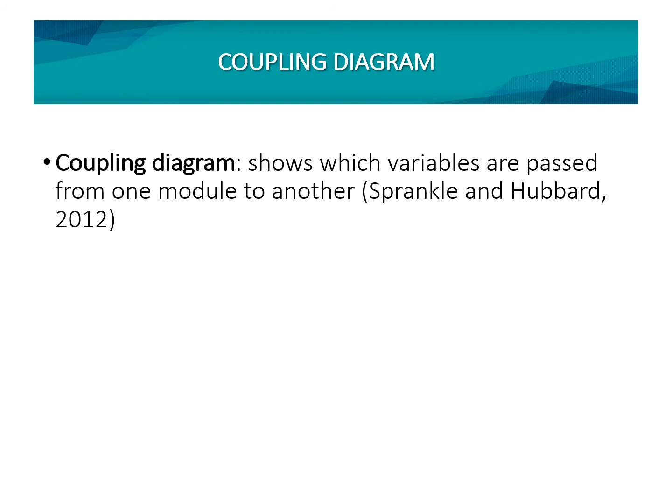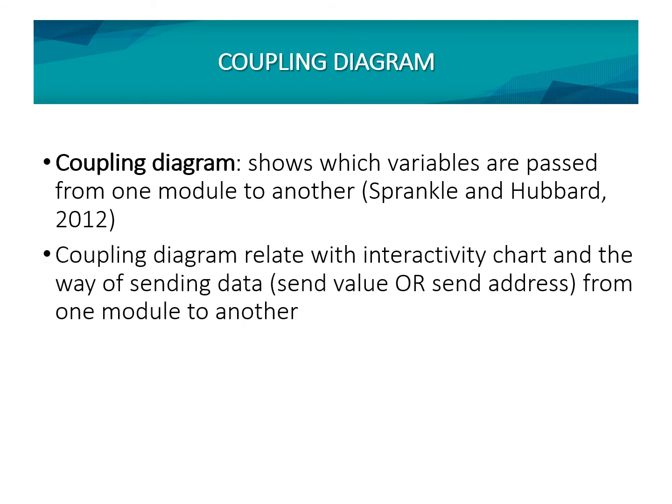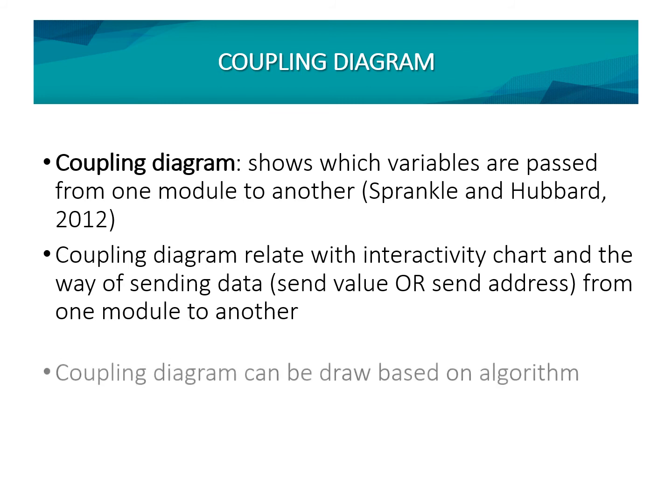Meaning that we try to visualize the interactions between the modules themselves by using the coupling diagram. The coupling diagram relates to the interactivity charts that we already covered in the previous topics, and the way of sending data, which is sending the value or sending the address from one module to another.